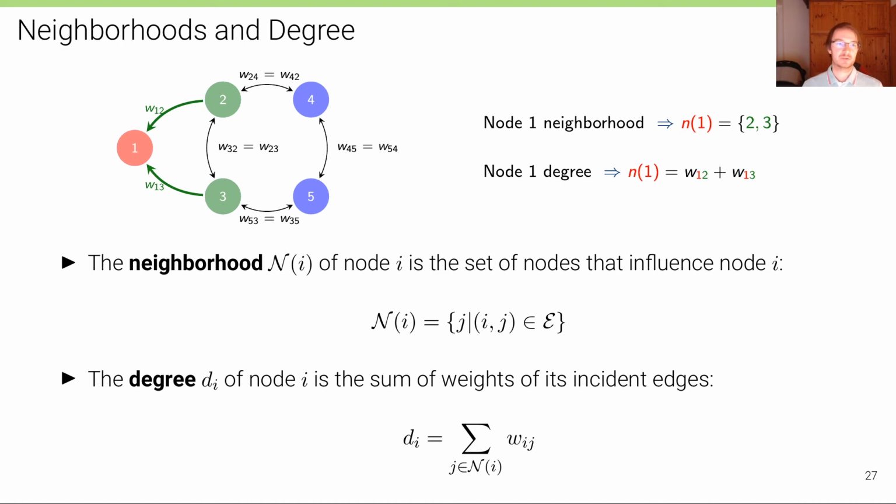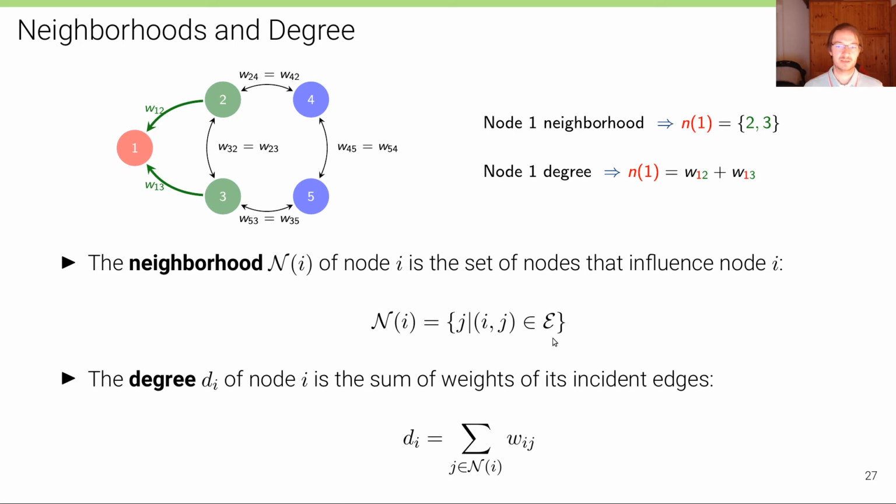The next thing we're going to define are neighborhoods and degrees. So we'll consider this graph in this example now. The neighborhood, which we call N of i, of node i, is the set of nodes that influence node i. Mathematically speaking, N of i is the set of j's for which the edge ij is in the edge set.